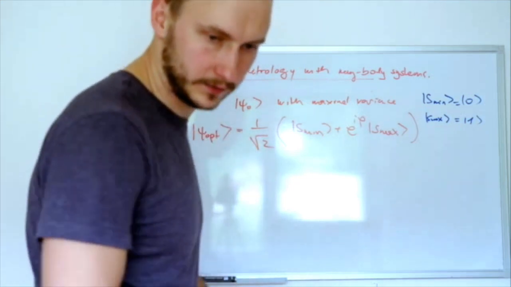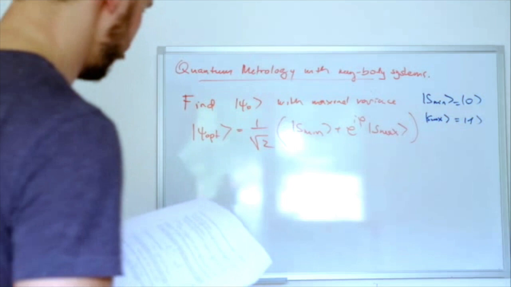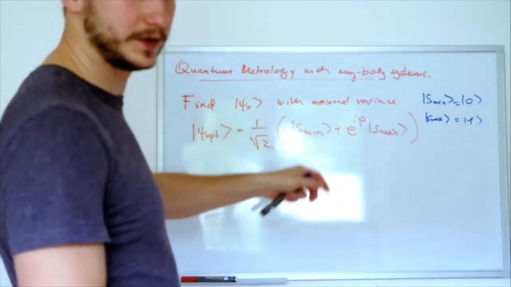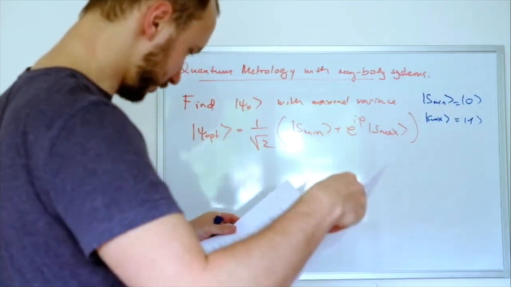So let's take our SLD formula, which we just derived before, and compute it like this. In fact, you probably already did it in the exercise for the qubit case, but I can just illustrate the formula now.